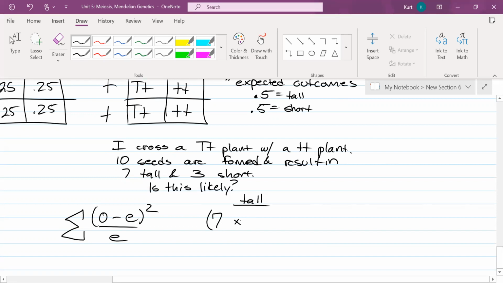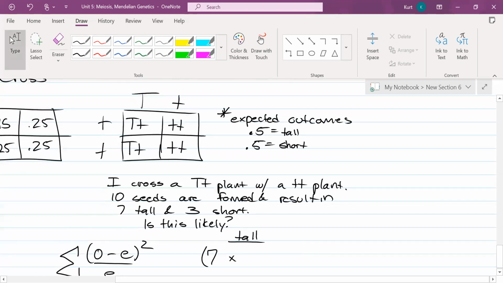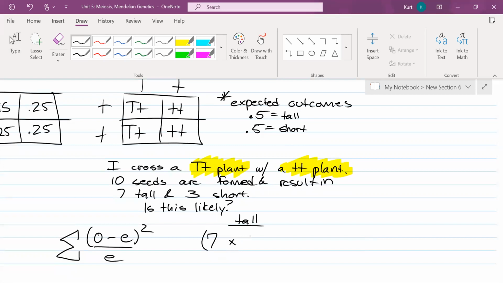Well, you have to ask yourself, what was the total number? 10. And look at the Punnett square, guys. There's a reason you were given this and this. You have to do the Punnett square. And according to the Punnett square, what would be the expected frequency of having tall offspring? 50%. And 50% of 10 is 5.